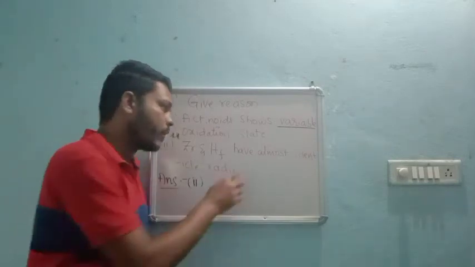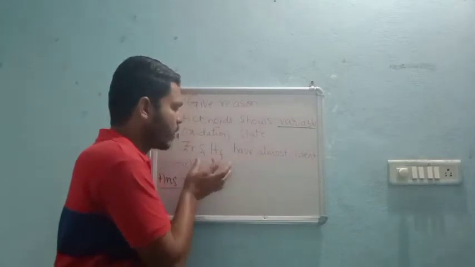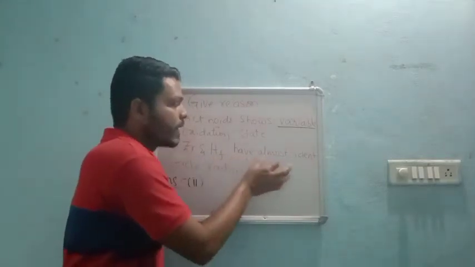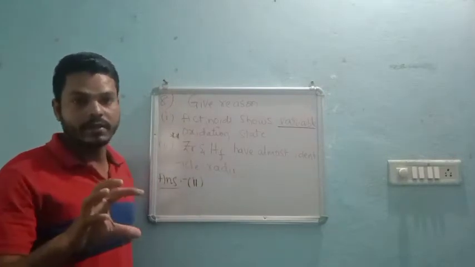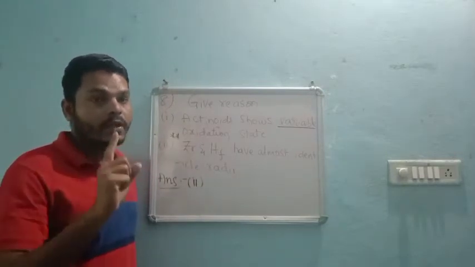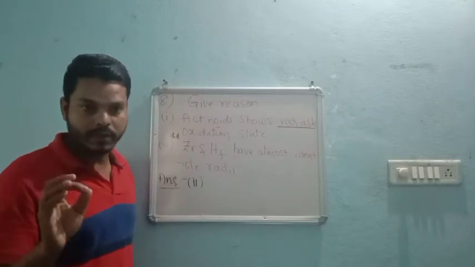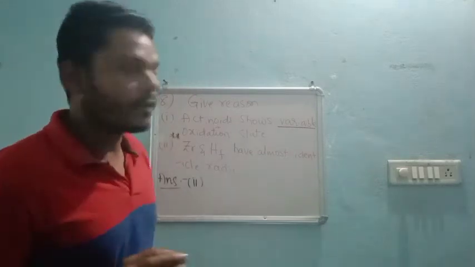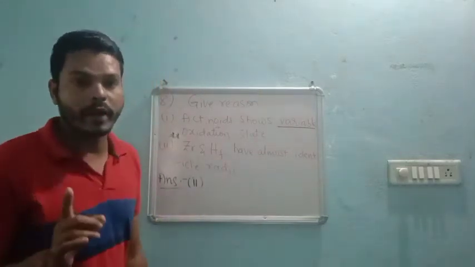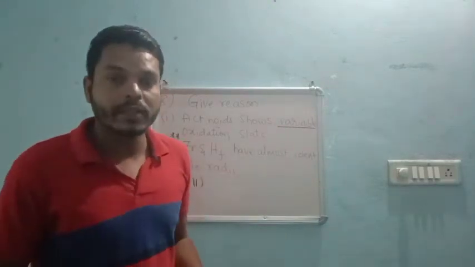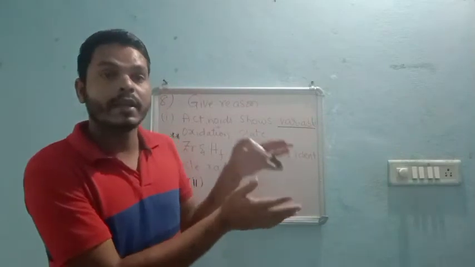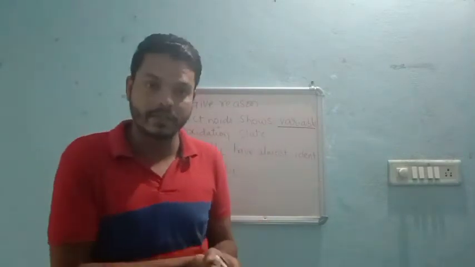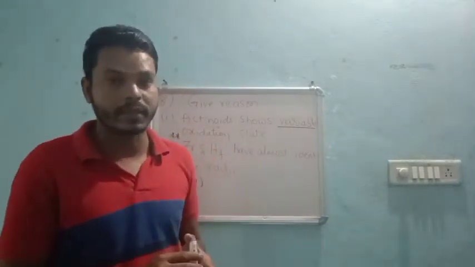Even though they are different, they have similar, that means the same size. During lanthanoid contraction consequences, we have mentioned one point: because of lanthanoid contraction, 5f and 4f series elements have identical or similar size, right?